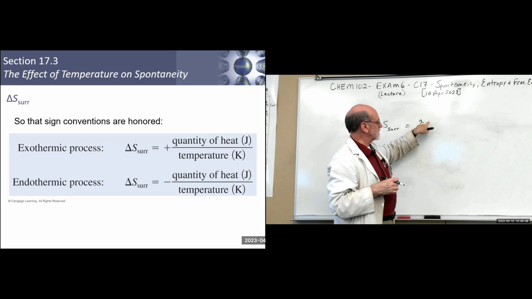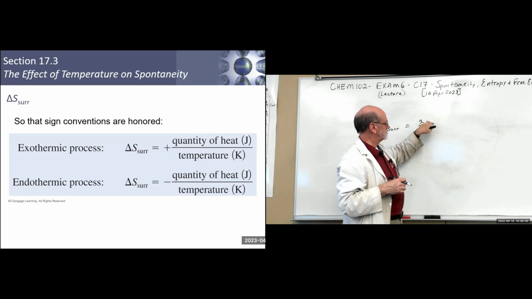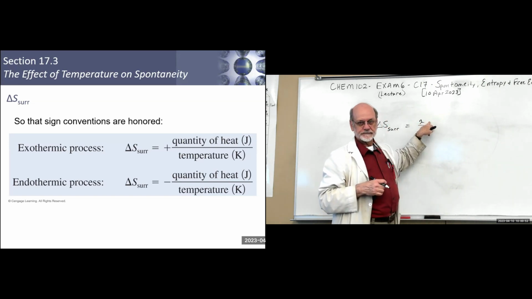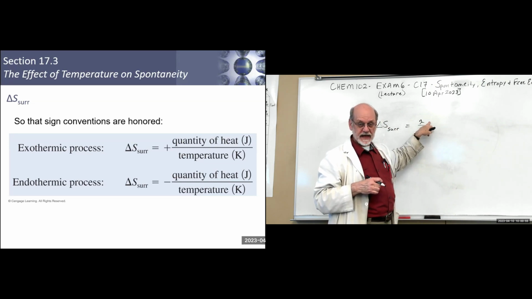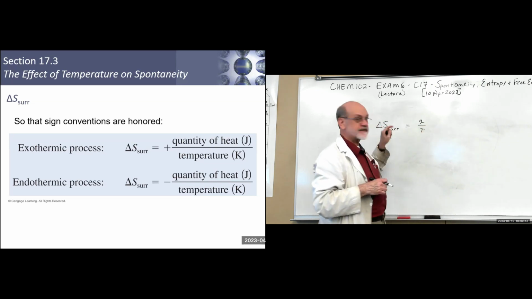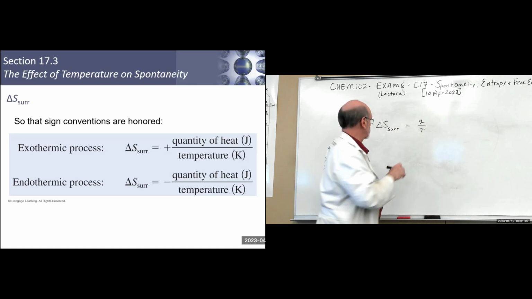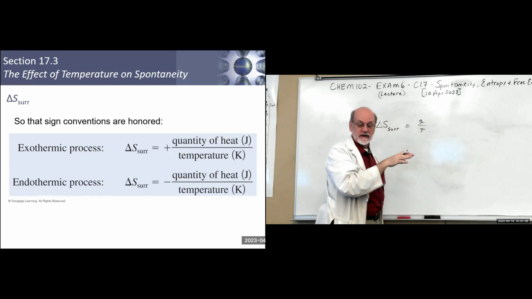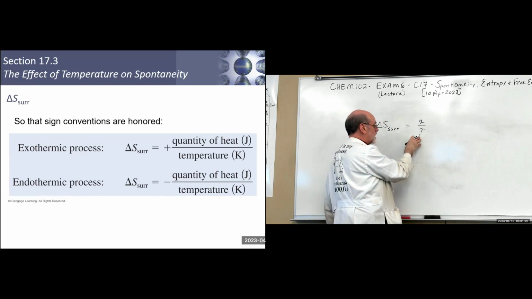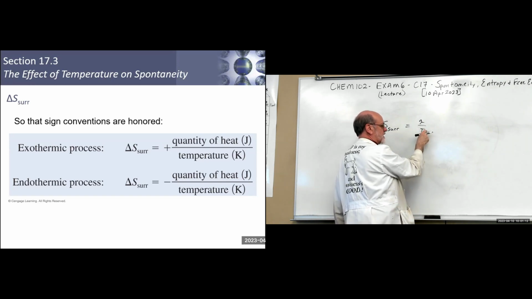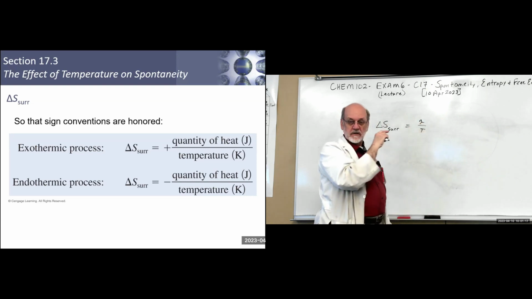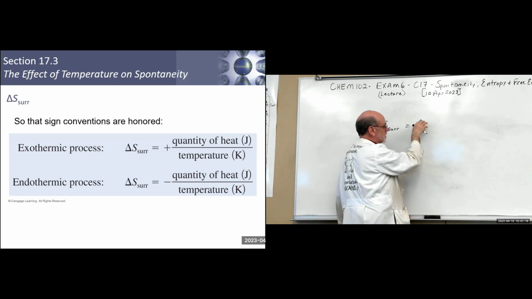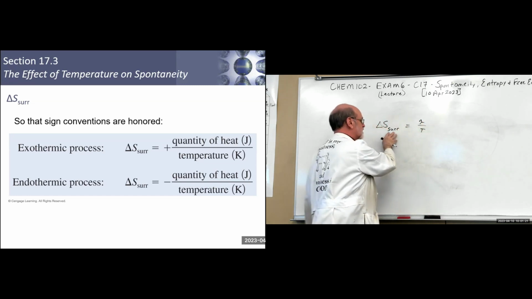If the heat transfer is high, it's an exothermic process for the system. When we say exothermic for the system, that means we're adding heat to the surroundings. And if the temperature is low, then this value is going to be higher. But if the temperature is very high, and we have a quantity of heat being added to it, it has less effect on the delta.